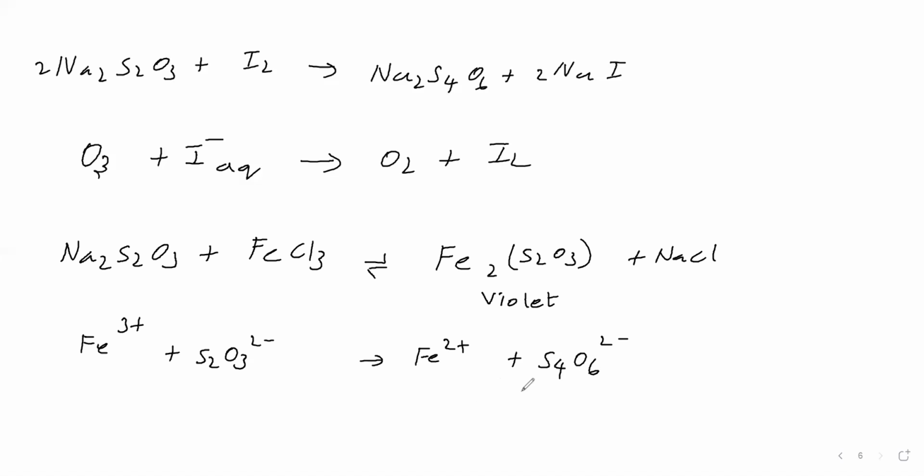So ferric is undergoing reduction, sulfur is undergoing oxidation, so thiosulfate becomes a tetrathionate, we can say here. Then this sodium thiosulfate hypo is used in the extraction of silver and gold from their ores. In the cyanide process, we will say this silver is extracted, gold is extracted from their ores using this hypo. This hypo is used in medicine, we can say.